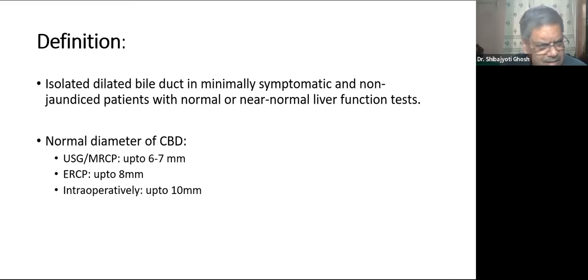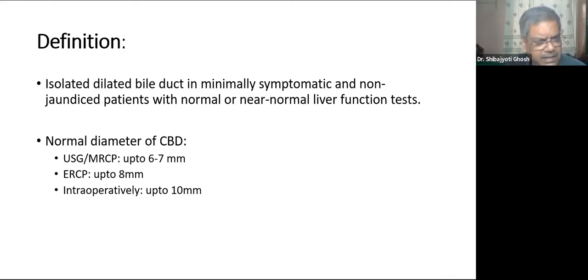Why is it 6 millimeter in ultrasonography? Because ultrasonography measures the internal diameter, leaving behind the wall of the common bile duct. In some cases, the common bile duct wall may be thickened. So it is the internal diameter that is measured, and up to 6 millimeter is considered normal.